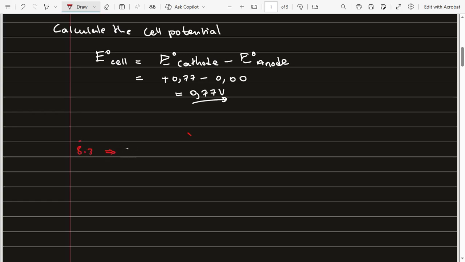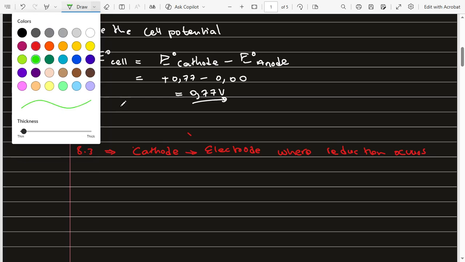So I'm going to say that the cathode is the electrode where the reduction occurs.